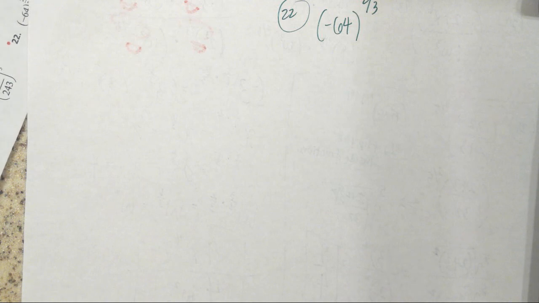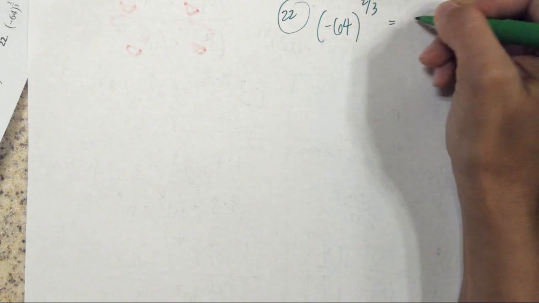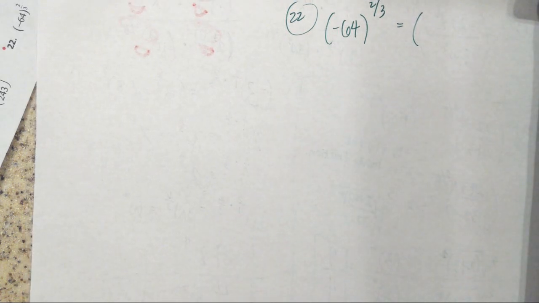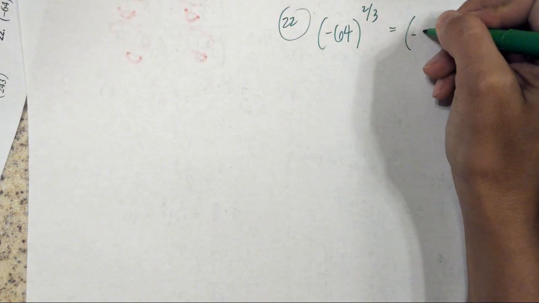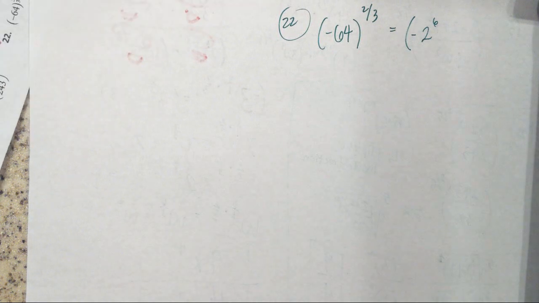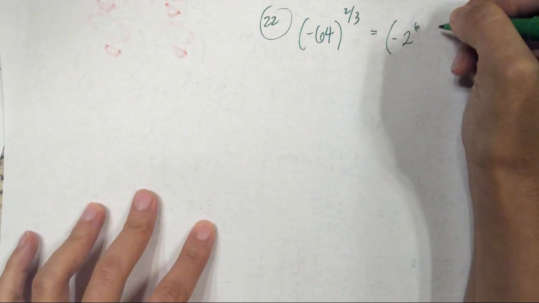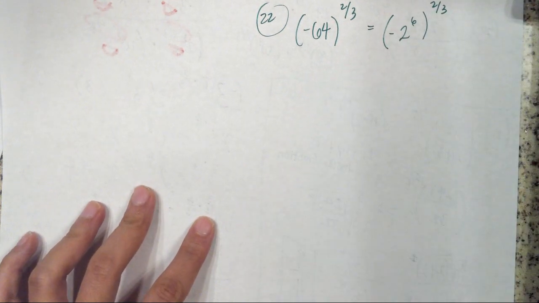I can rewrite 64. Look at my chart. And 64, I know that's 8 squared, but I think you can write it smaller. 2 to the 6th power. Yep. So 2 to the 6th power is 64. And that's to the 2/3.